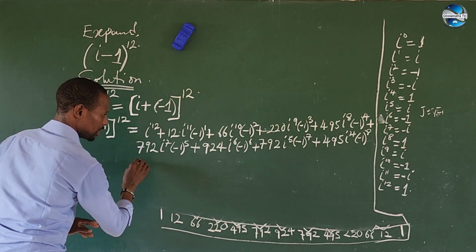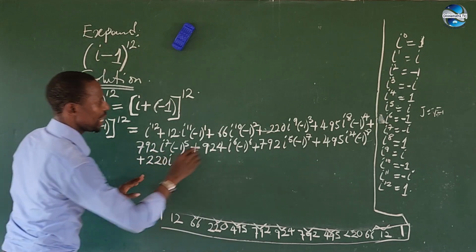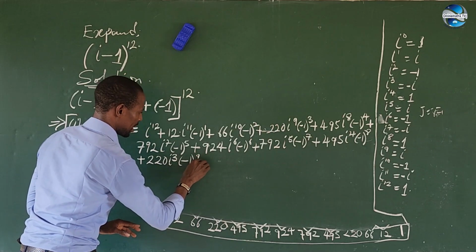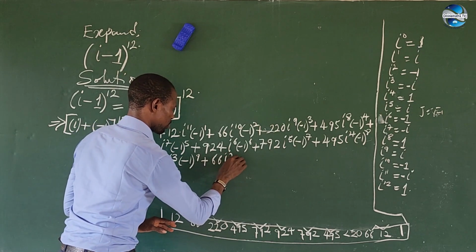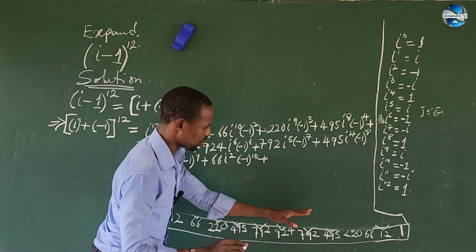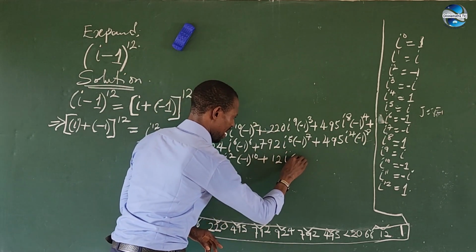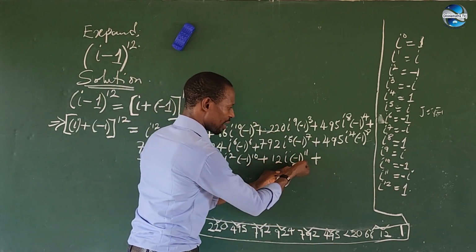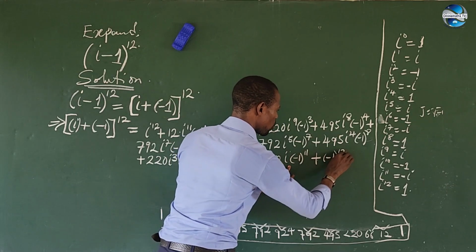Then the next one is plus 220 into our iota to the power of 3, bracket minus 1 to the power of 9, plus 66 iota to the power of 2, bracket minus 1 to the power of 10, plus 12 iota to the power of 1 with minus 1 to the power of 11, and lastly, the coefficient is 1 with minus 1 to the power of 12.